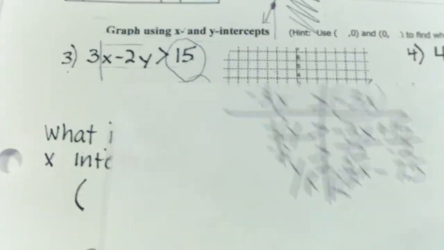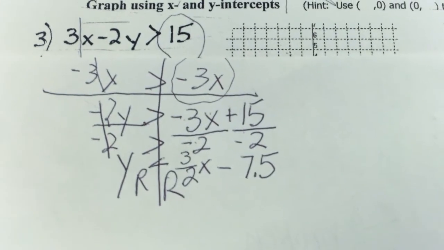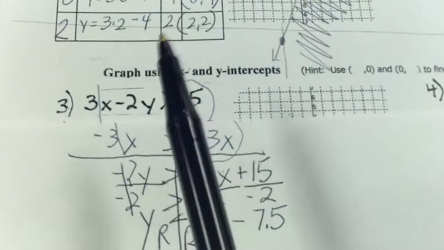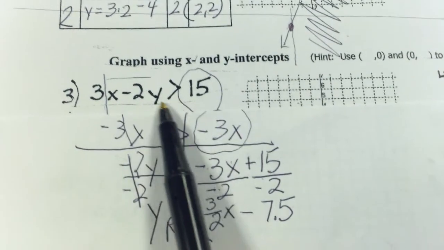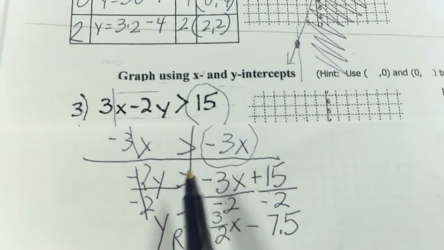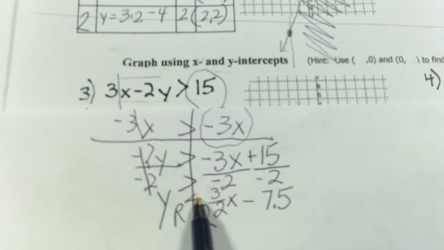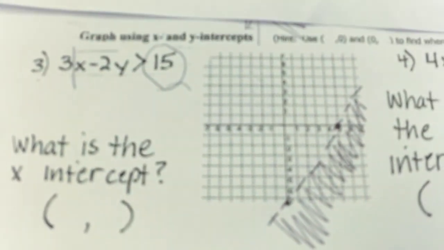I just flipped it so I'd know for sure where to shade it, and this says less than, so it's below the line. If I had shaded it using the original, we would have been above the line, but it's not in slope-intercept form. When I put it in slope-intercept form, I have to flip my symbol, and now it's less than, so we shade below the line. It's a good thing we put it in slope-intercept form. Okay, next video we're going to start with number 4.